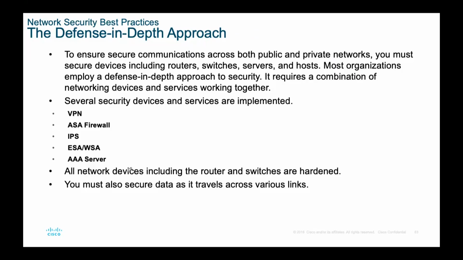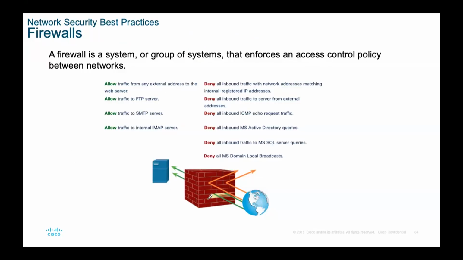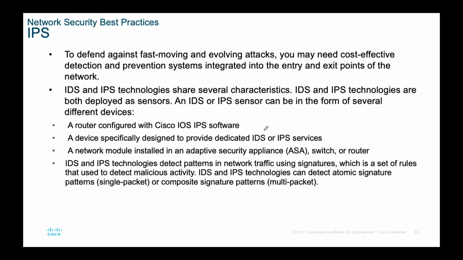IPS. To defend against fast-moving and evolving attacks, you may need cost-effective detection and prevention systems integrated into the entry and exit points of the network. IDS and IPS technologies share several characteristics. IDS and IPS technologies are both deployed as sensors. An IDS or IPS sensor can be in the form of several different devices: first, a router configured with Cisco IOS IPS software; second, a device specifically designed to provide dedicated IDS or IPS services; third, a network module installed in an adaptive security appliance, switch, or router.